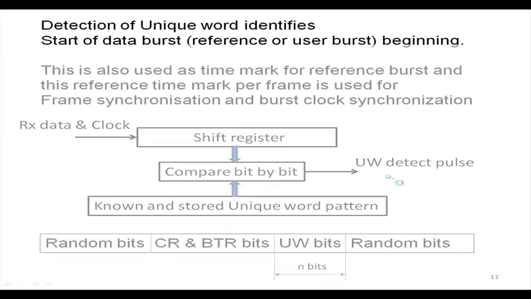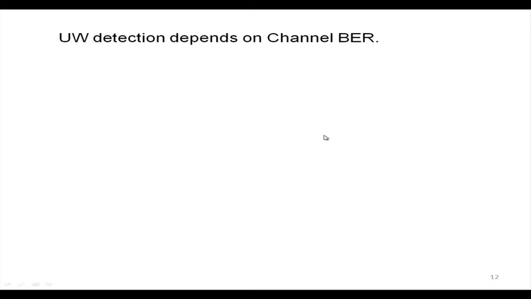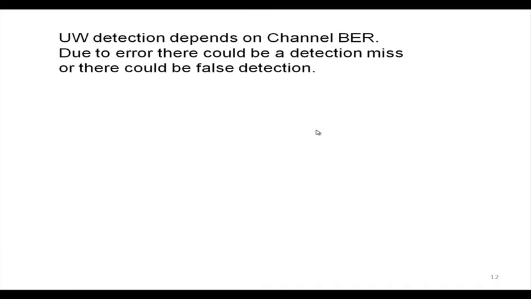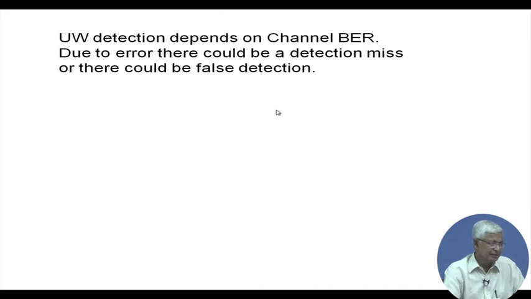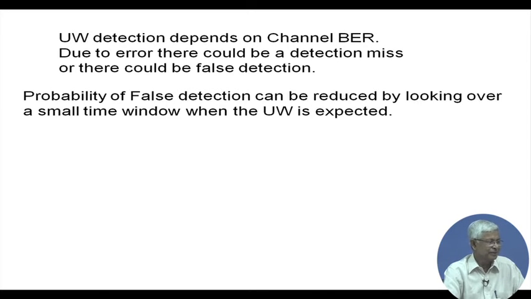This is obvious. The Unique Word detection depends on the channel BER, and due to errors there could be a detection miss, or there could be a false detection, which we are repeating. The probability of false detection can be reduced by looking over a small time window when the Unique Word is expected, instead of looking everywhere over the complete data stream.